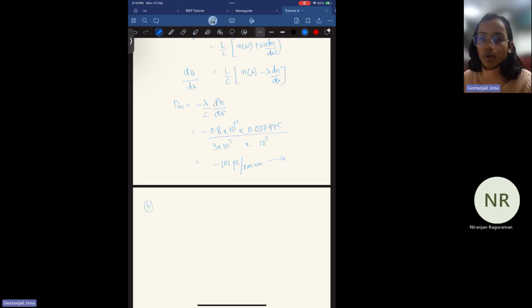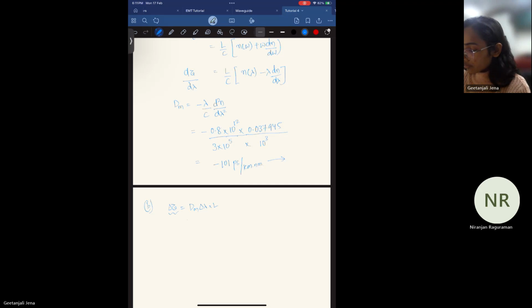And the second one, so let us see. It was asking about what is the wavelength at which the material dispersion is zero. If you recall the formula, delta tau is given by Dm delta lambda into L. This is the total temporal broadening that can occur due to the material dispersion inside the fiber.